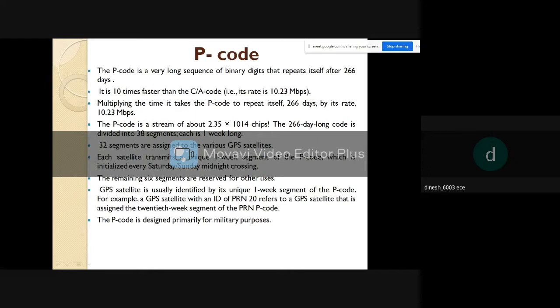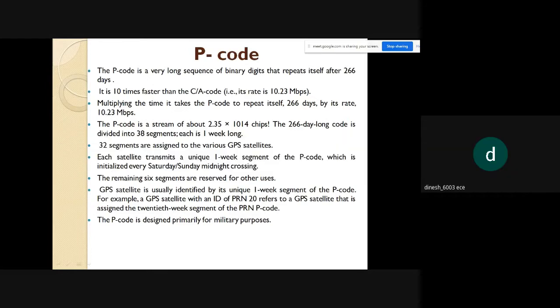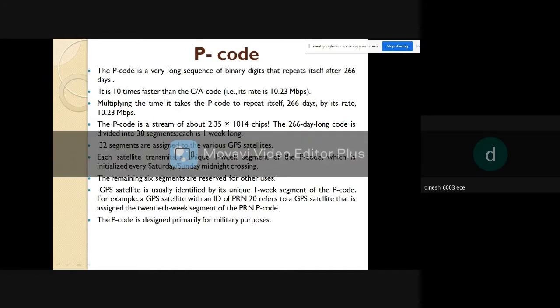For example, a GPS satellite with ID PRN 20. PRN is pseudo random noise. 20 refers to a GPS satellite that is assigned with the 20th week segment of the P code.